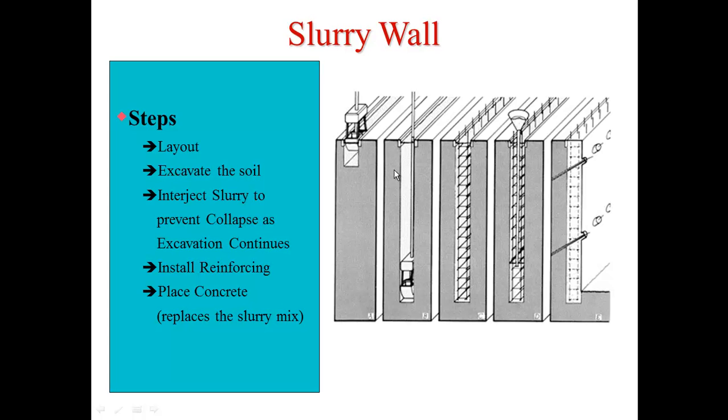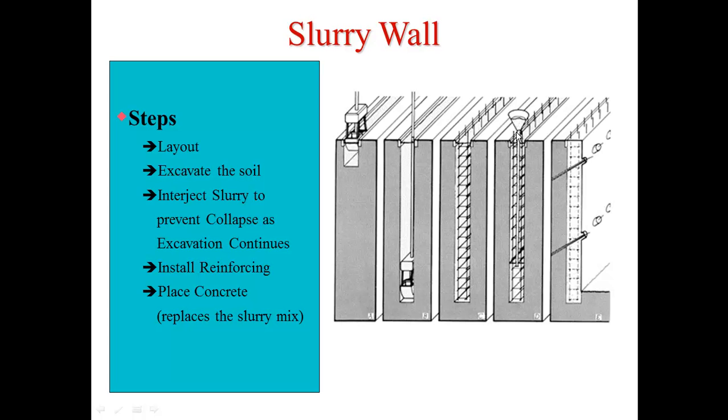Now, to prevent the walls from collapsing, they pour into this excavation a slurry material, which is basically a loose liquid concrete material that doesn't harden. So that holds the sides from collapsing as this is getting poured in. Then the reinforcing cage gets lowered into the hole.